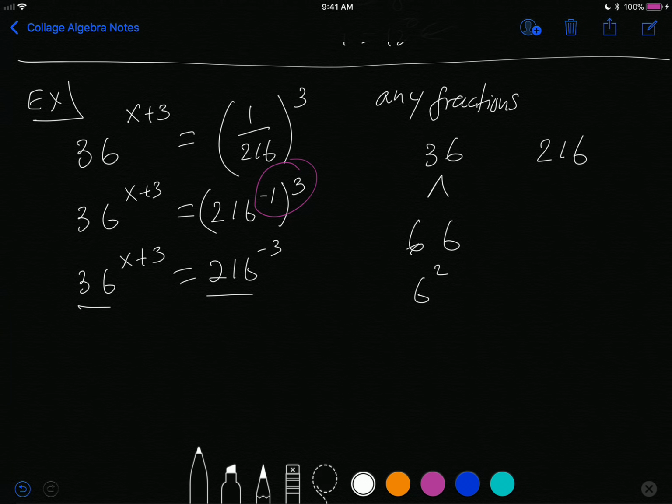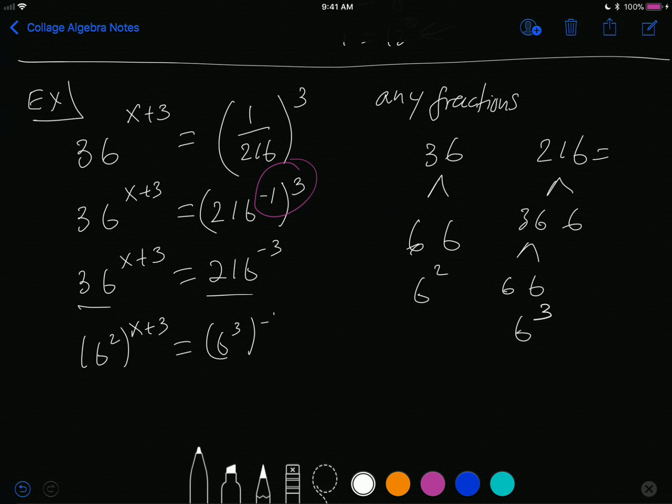And 216 is 36 times 6. And so 216 is 6 to the third power. So this 36 right here will become 6 squared. This 216 will become 6 cubed.